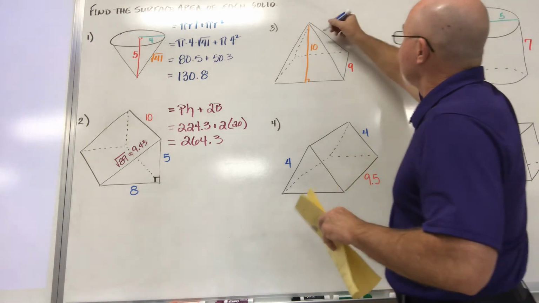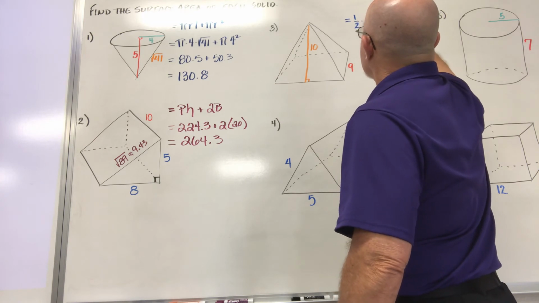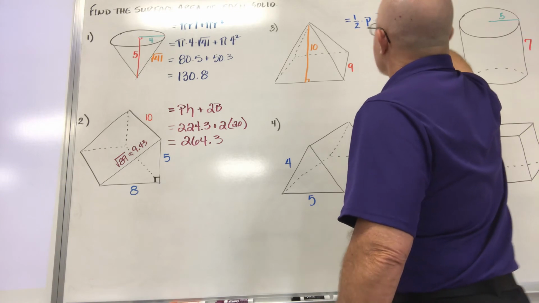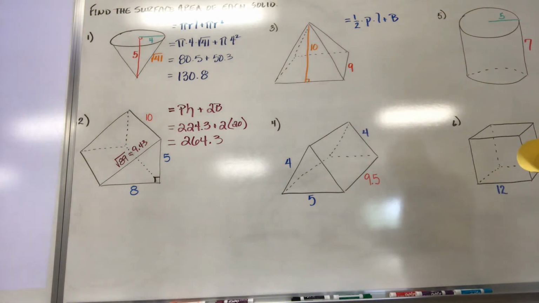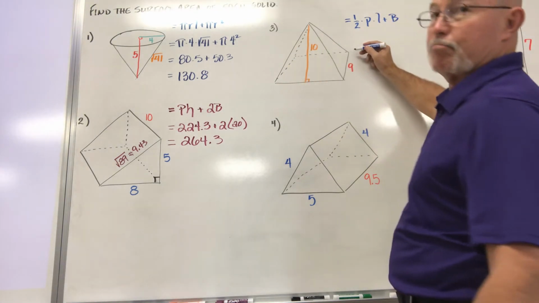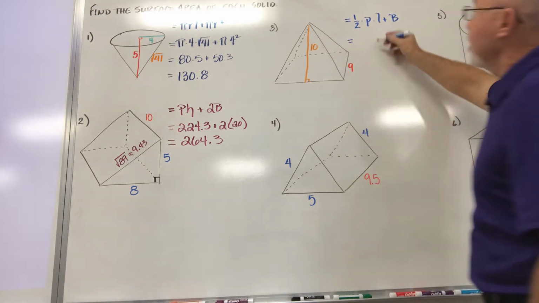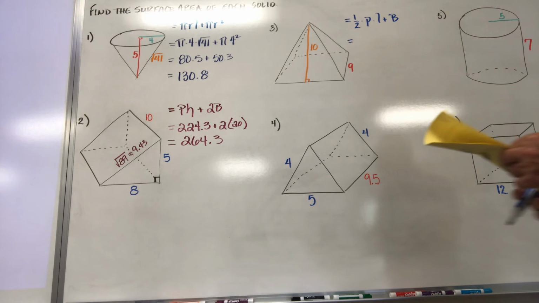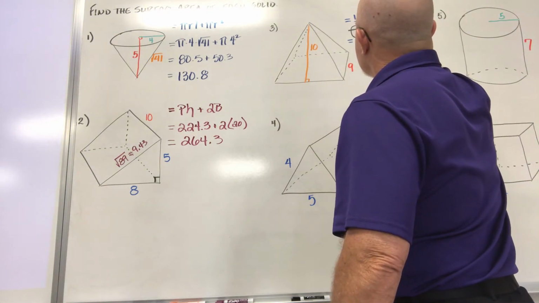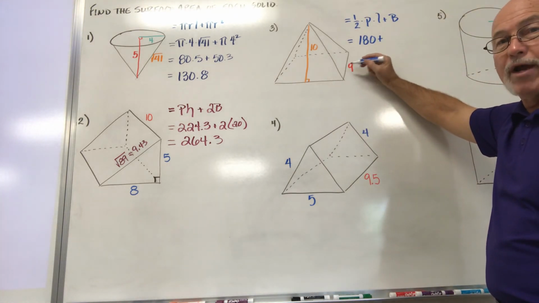So for the pyramid, what we've got here, 9, 9, 9, and 9, perimeter's 36, slant height is 10, so 1/2 times 36 times 10, plus the area of the square, 9 squared.